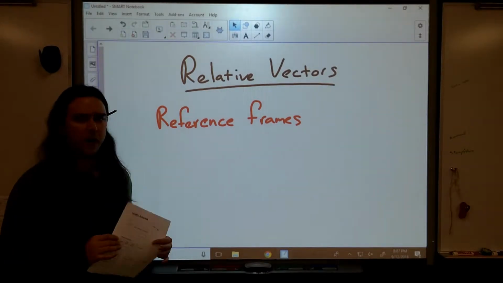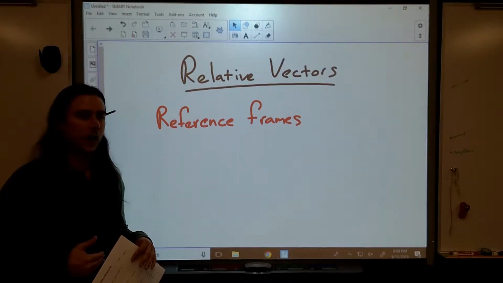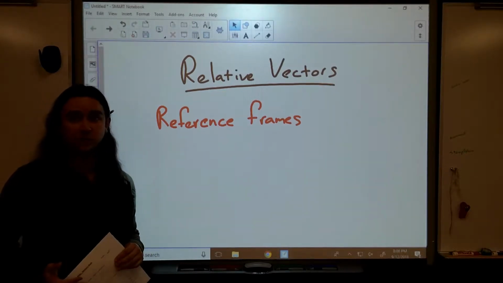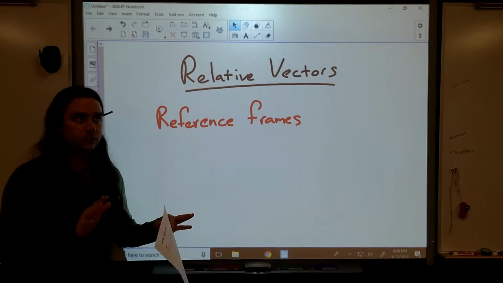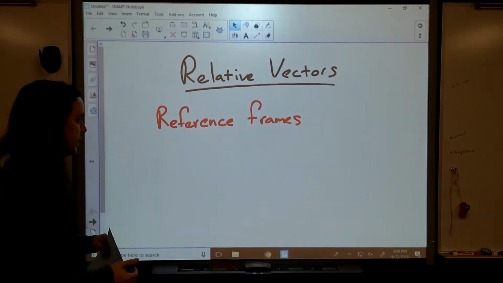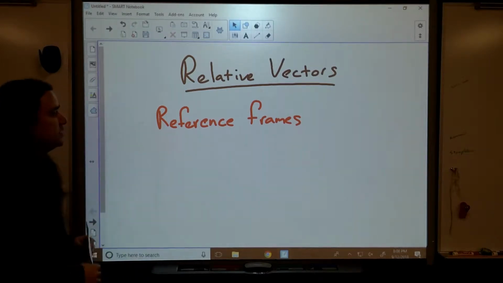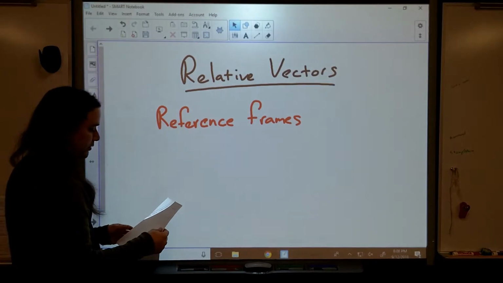In short, nothing in my classes is ever going to incorporate the ideas of non-inertial reference frames, because so far as I know, we don't go into that level of detail in general relativity, if we even talk about that. Or, sorry, special relativity, I think, is where that kicks in initially, and then it carries over to general relativity. But the idea of reference frames is a fundamental thing that begins to deal with relative vectors.